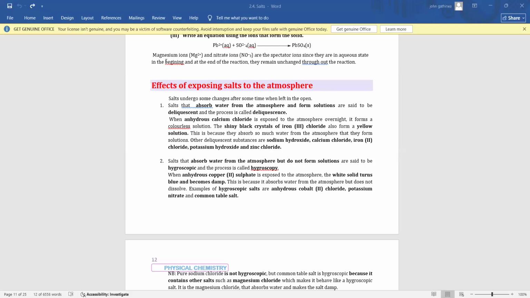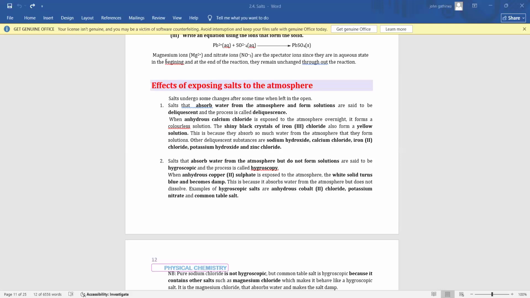You then add lead (II) nitrate to sodium carbonate. You filter to get sodium nitrate as the filtrate and lead (II) carbonate as the residue. You then rinse with distilled water and dry between two filter papers.